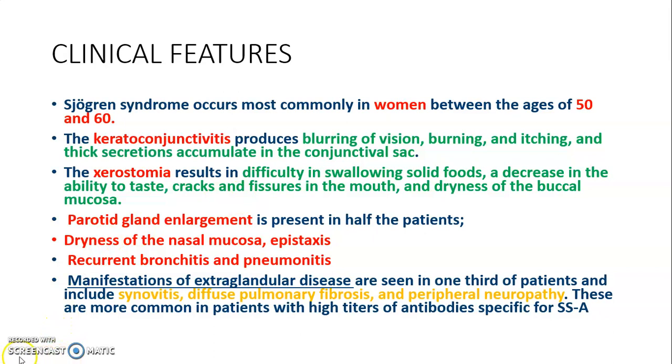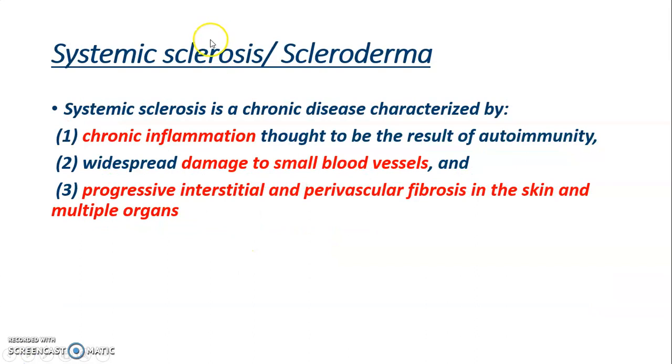Now we are going to take the next autoimmune disease, that is systemic sclerosis or scleroderma. Systemic sclerosis is a chronic disease which is characterized by chronic inflammation due to autoimmunity, widespread damage to small blood vessels, and progressive interstitial and perivascular fibrosis in the skin and multiple organs.